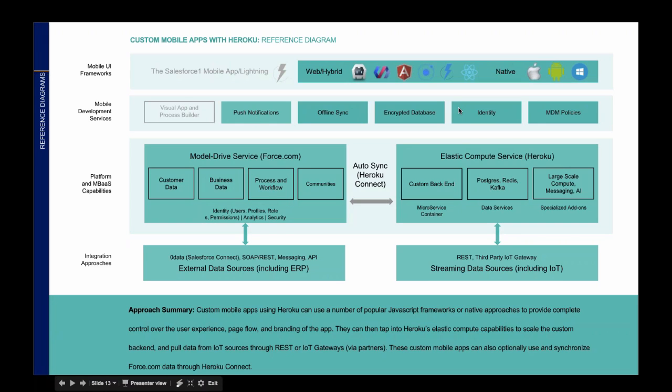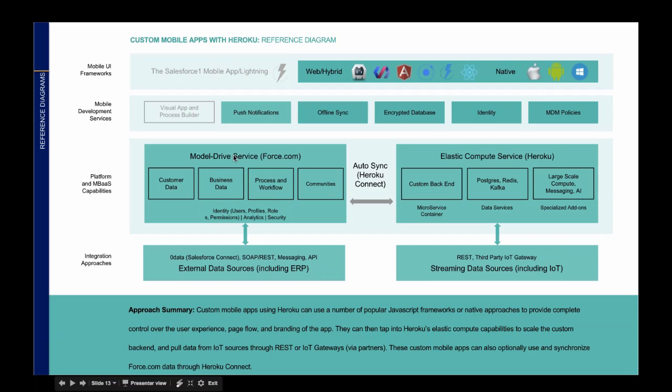I showed you both. You use all these different mobile services: push, offline sync, the encrypted database, identity. Even though it's a completely custom database, we still use Process Builder to actually define the automated process.